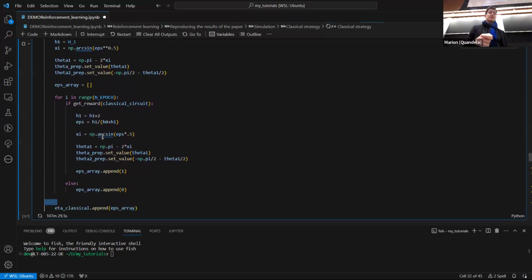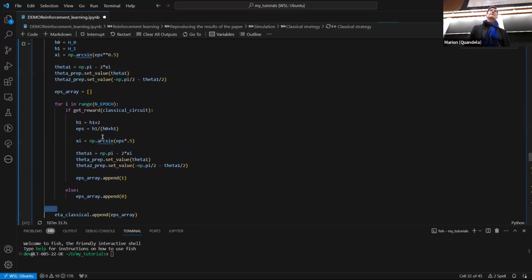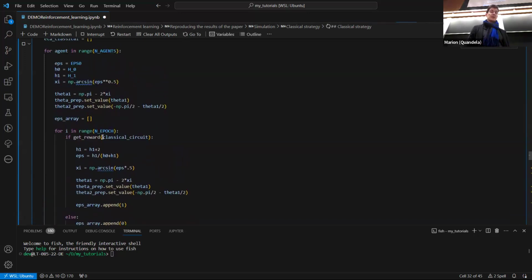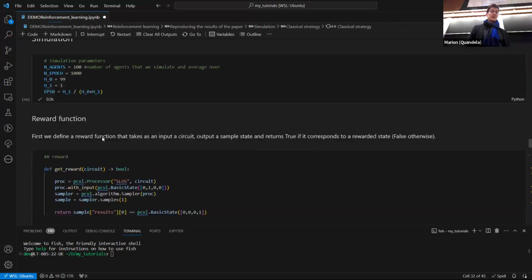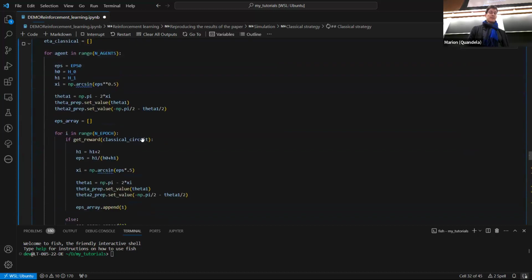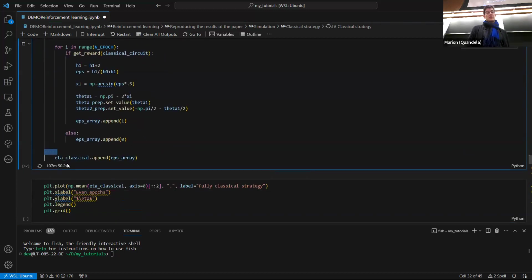And even if not, I'm going to store it in an array and do that for all agents, right? So that's why it's taking a bit of time. So basically, the number of actions I'm performing is the product of these two. So it's 10 to the 5. And then I'm going to average eta classical for all agents to get an average reward for each epoch.